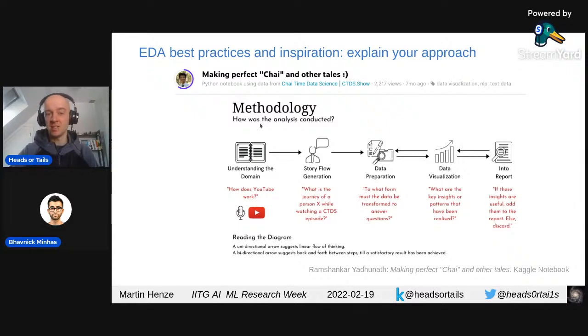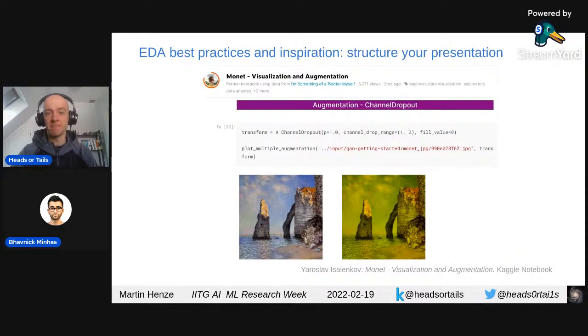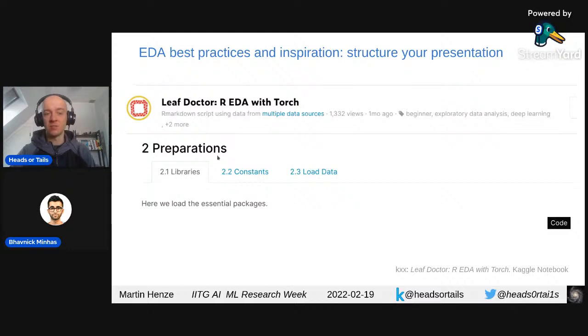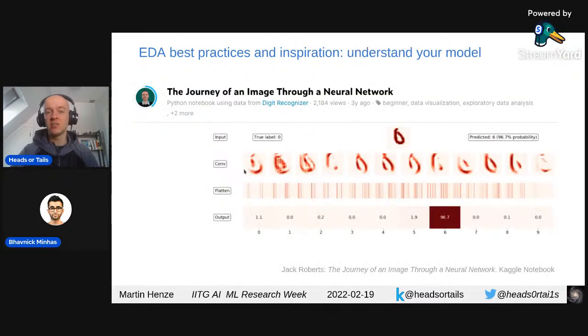If you put something like this in your thesis, for instance, or in another presentation of your work, then it will be much easier for the readers, for the audience, to understand what you're talking about and to follow your findings and your results. You want to structure your work very well. You can use different strategies to do that in an interactive notebook.